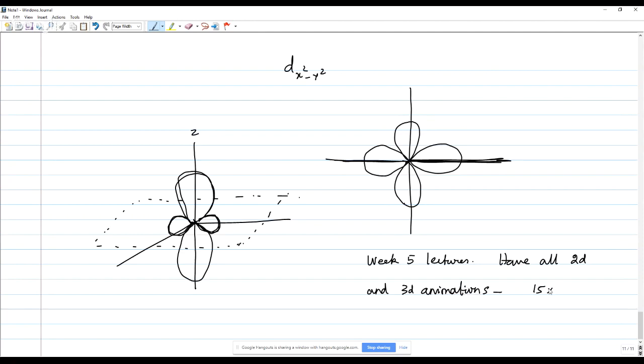There are 15 into 2 flash files, and all these animations will be available to you. Until then, I'm not able to give you a full 3D picture, but usually what one does is to put the plus and minus signs in these orbitals. Why these come and how this looks in 3 dimensions, please wait until I give the lectures in week 5. Okay.